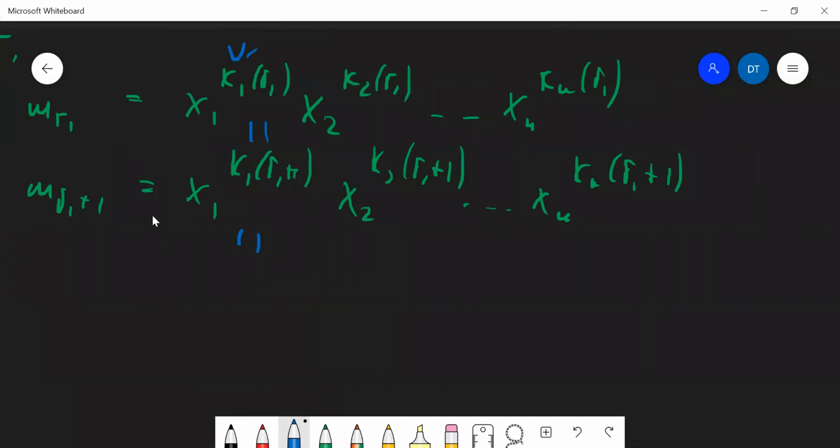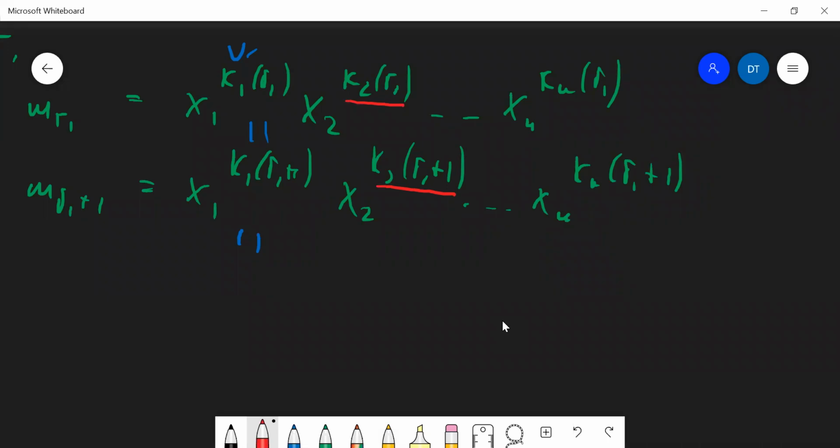So now, if all these guys are the same, then the result of comparison depends only on this part of the monomials. So now, starting from this point, I will consider the degree of x2.